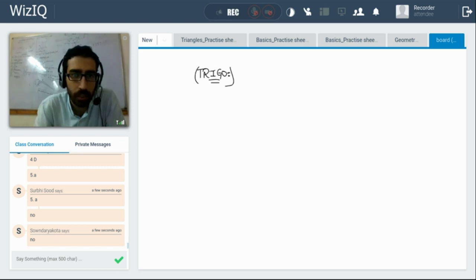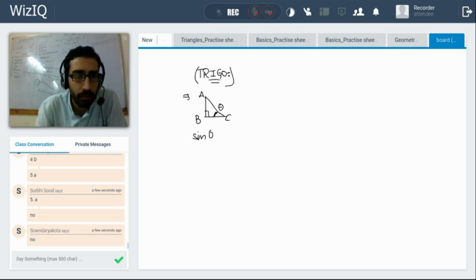Just a little bit, because I will cover this in detail later as well. So if I have a right triangle, let's say this angle is theta. Let me also label this triangle. This is triangle ABC. Interior angle C is theta, or angle ACB is theta.